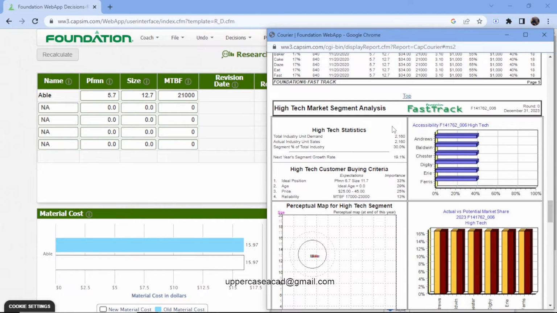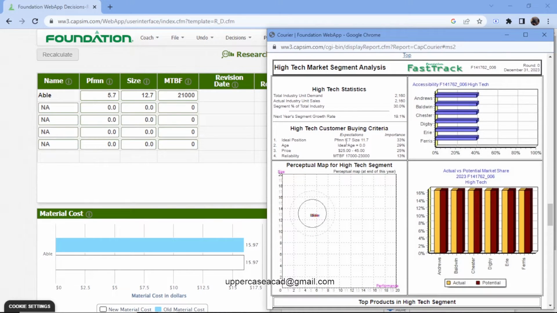In the high-tech customer buying criteria, ideal positioning has an importance of 33%, age 29%, pricing of your product will get you 25%, and finally reliability will get you 13%.